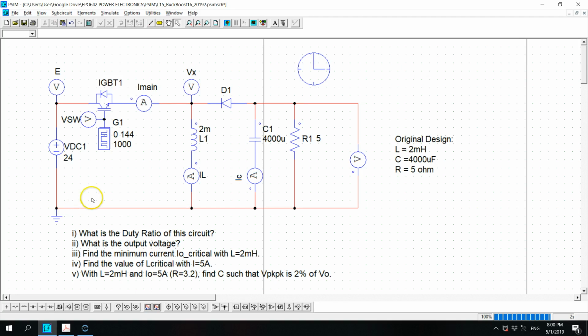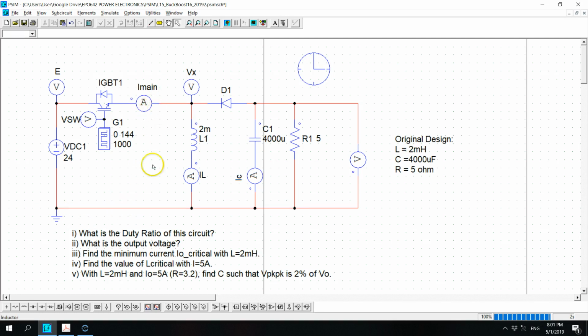Number 2: what is the output voltage, given this component design? Number 3: find the minimum current, I naught critical, with L equals 2 millihenry. So you need to determine the minimum critical current, so that we have a case of boundary condition. Number 4: find the value of L critical.